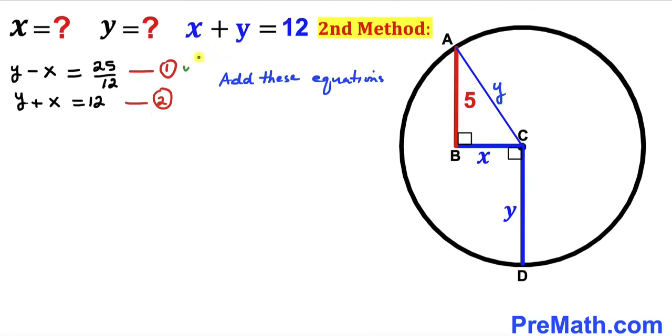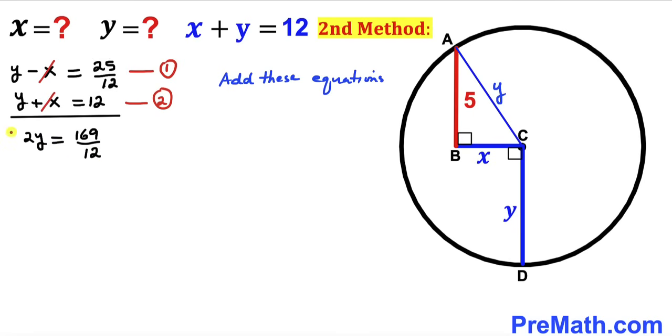And now we are going to add these two equations. And here when we add this positive x and negative x, they are gone. And now we are going to add these y plus y is going to give us 2y. And when we add these two numbers, this fraction and this 12, that is going to give us 169 divided by 12.